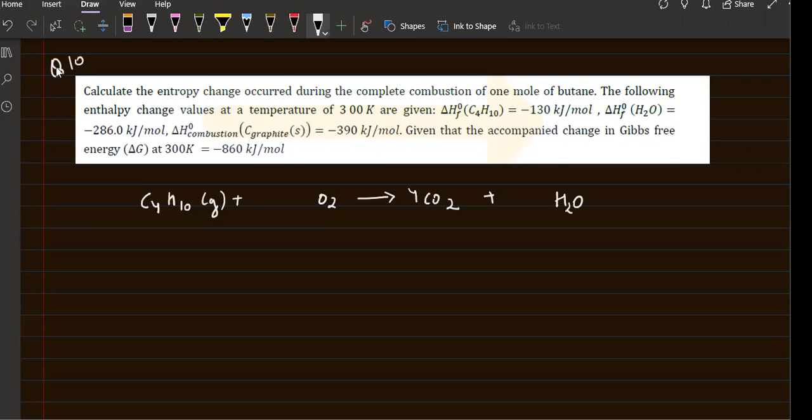Now, since we have 10 hydrogen, we will get 5 H2O. Yes or no? Now, see how many O2 is required. So, 4 O2 plus 5 by 2 O2, so it will be 4 plus 5 by 2 O2. Yes or no? Yes, this is the overall combustion reaction that we have studied in class 10th.